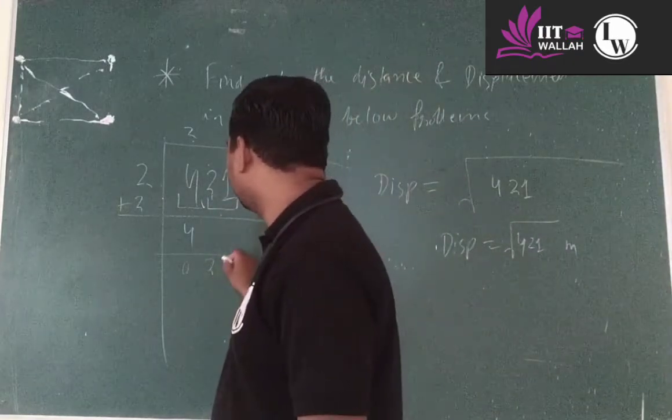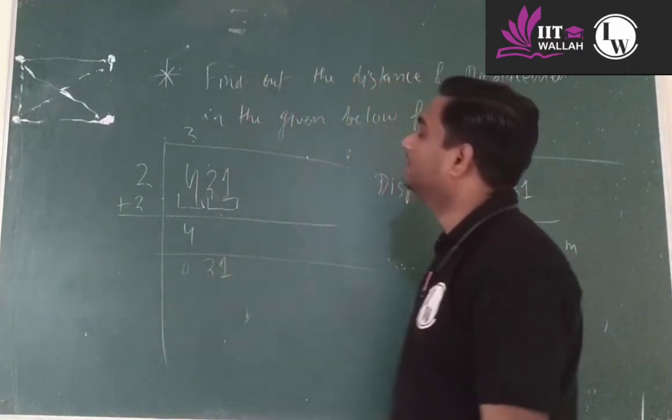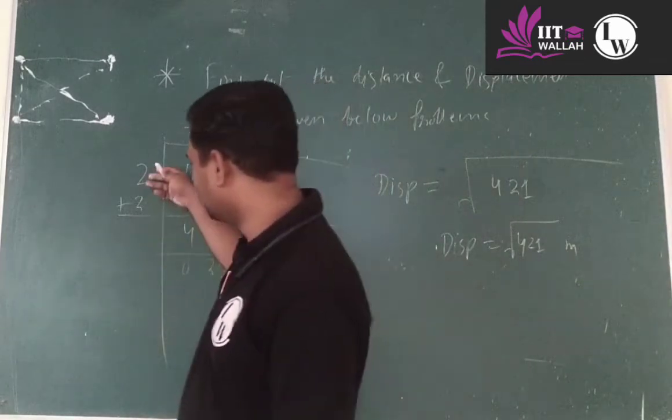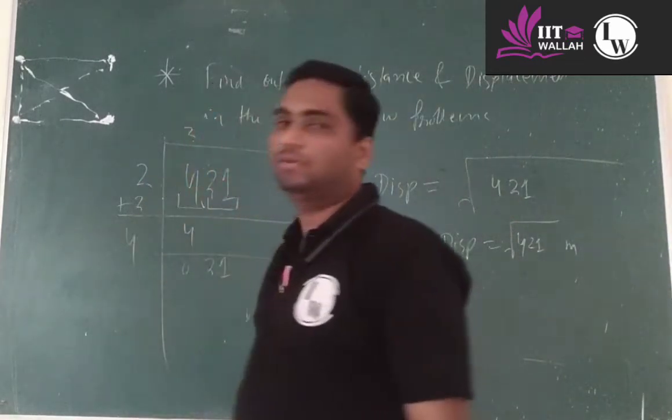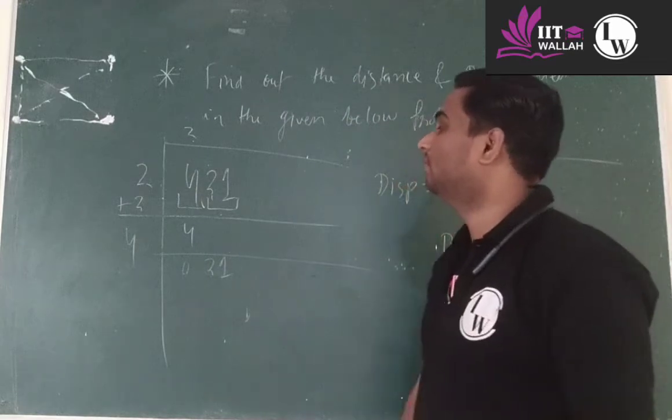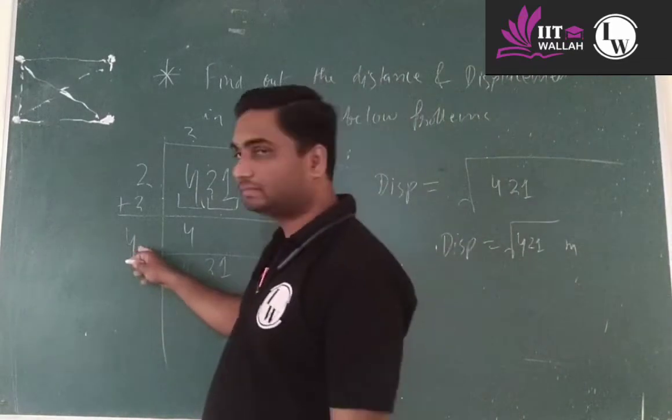Now write this in the downward direction. And 2 plus 2 is how much? 4. Now take the number here.